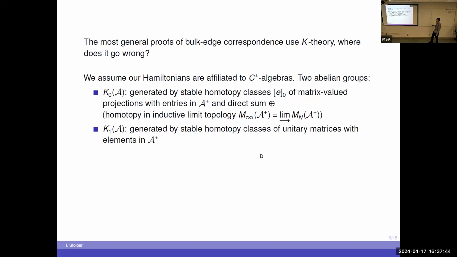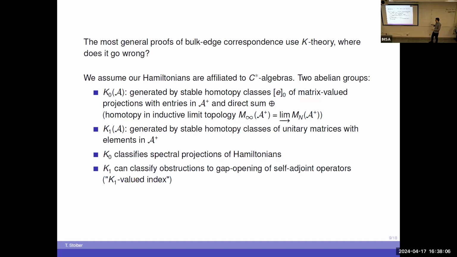So stable homotopy just means that we can make these matrices as large as we want to facilitate our homotopies. And then we also have this K1 group, which is defined the same way, but instead of projection matrices, we take unitary matrices.